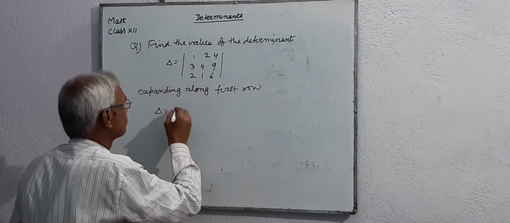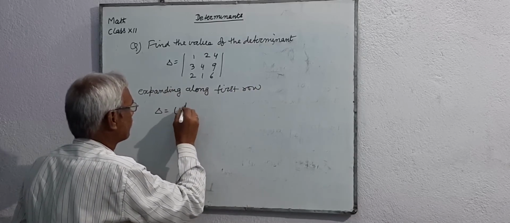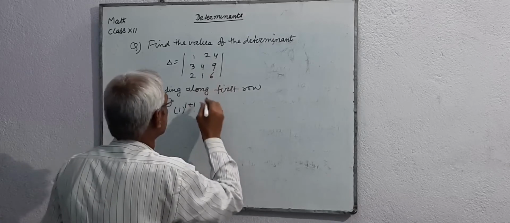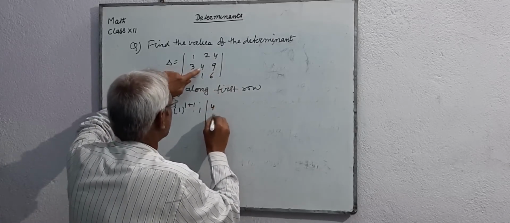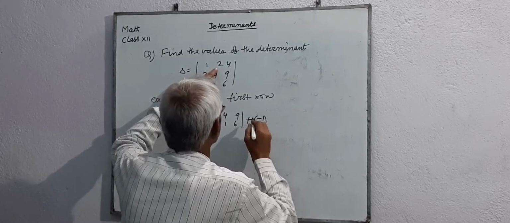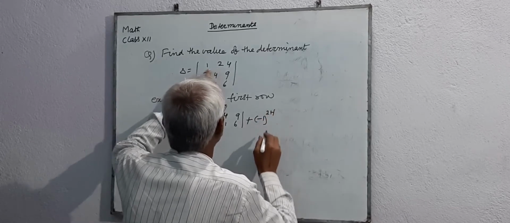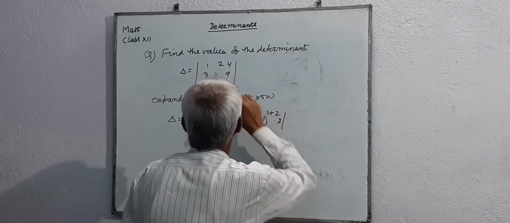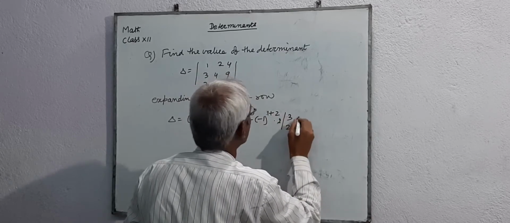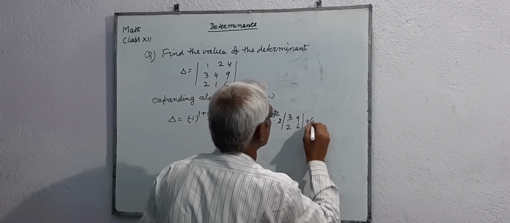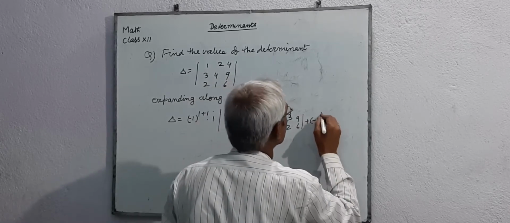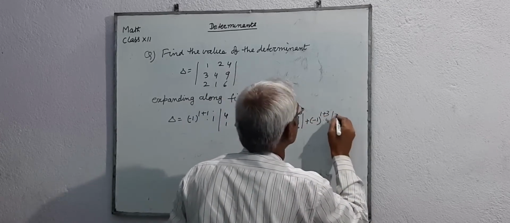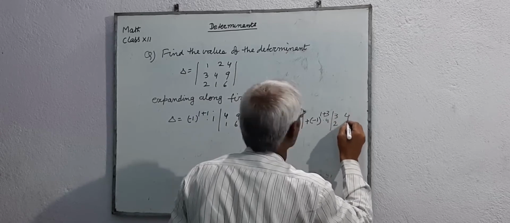Determinant equal to minus 1 to the power 1 plus 1 into 1 times (4 9, 1 6), plus minus 1 to the power 1 plus 2 into 2 times (3 9, 2 6), plus minus 1 to the power 1 plus 3 into 4 times (3 4, 2 1).